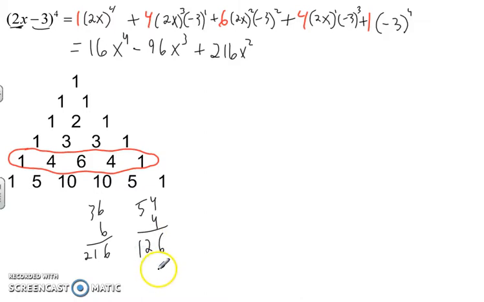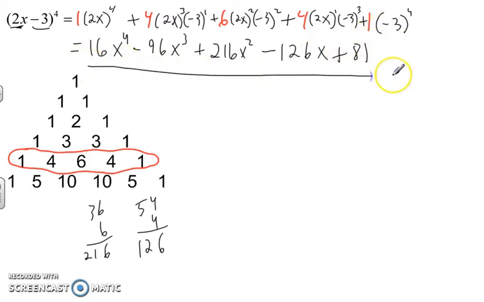Is that right? 216, okay. So we get minus, because that's a negative there, 216x, and then negative 3 to the fourth is negative 3 times negative 3 times negative 3 times negative 3, which is positive 81. And so we get our expanded binomial.